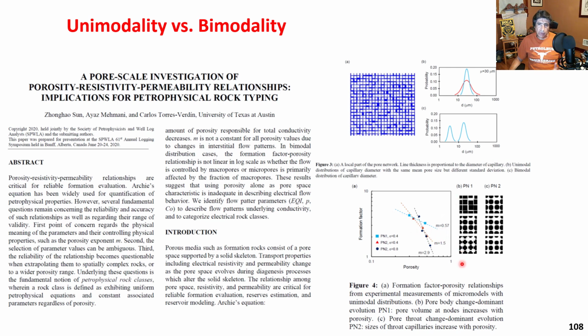And lo and behold, we see the same behavior predicted by Ramamurthy and Ramakrishnan, that the value of the M exponent will tend to increase when you have a unimodal distribution with a large standard deviation, or when you have a bimodal distribution of pore sizes.